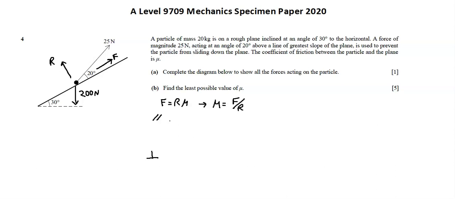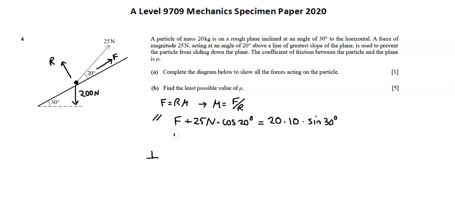Beginning with parallel forces, two forces are working up the plane, friction and the pulling force of 25 newtons, which is at an angle. I will multiply by cosine of 20 degrees. Those two forces equal the effect of gravity down the plane, which is 20 kilograms times gravity of 10 times sine of 30 degrees.